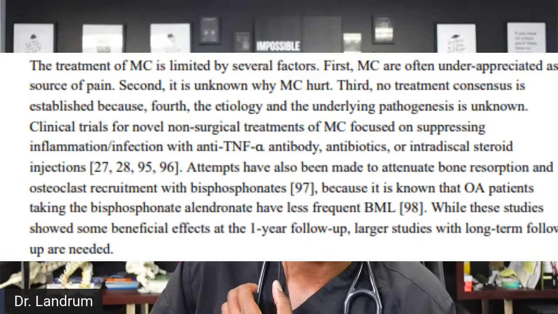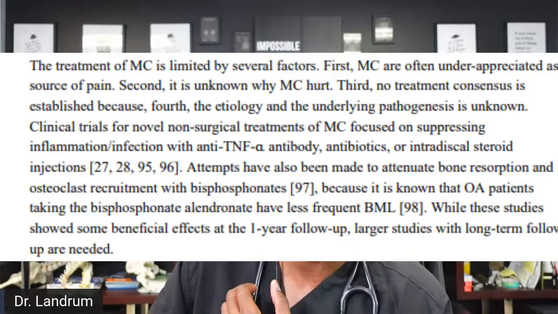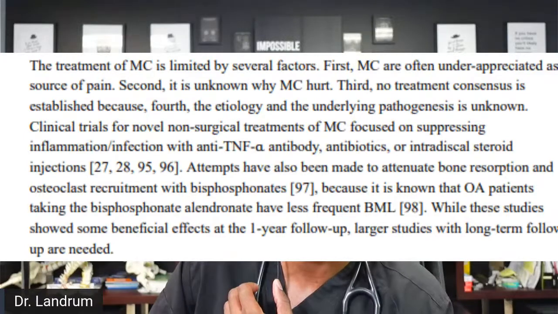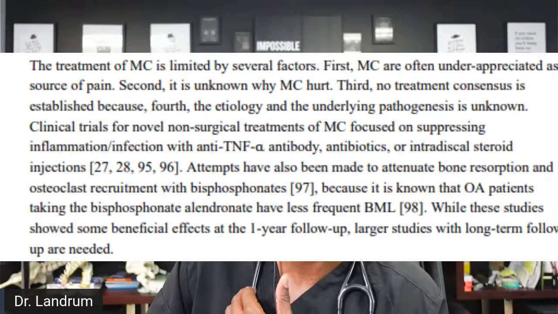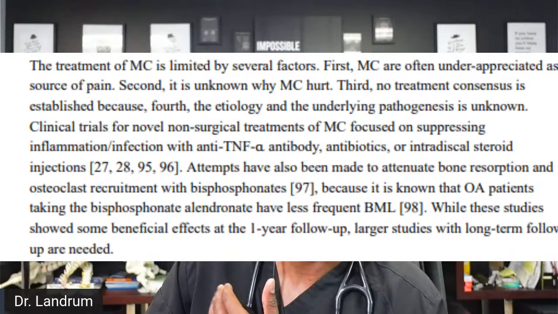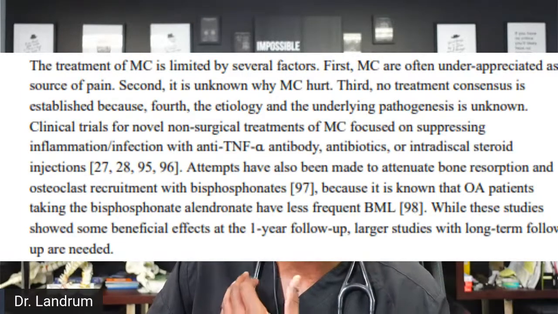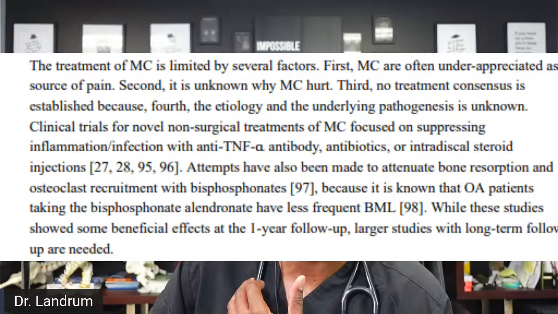Now, I think there are some really innovative thoughts here. They talk about clinical trials needing to be more prevalent. Right now, people are looking at anti-tumor necrosis factor alpha antibodies to see if you can decrease inflammation. They're also using intradiscal steroid injections by going into the disc, hoping to potentially stop it with steroids. I think there are some other things that should be done instead of that.